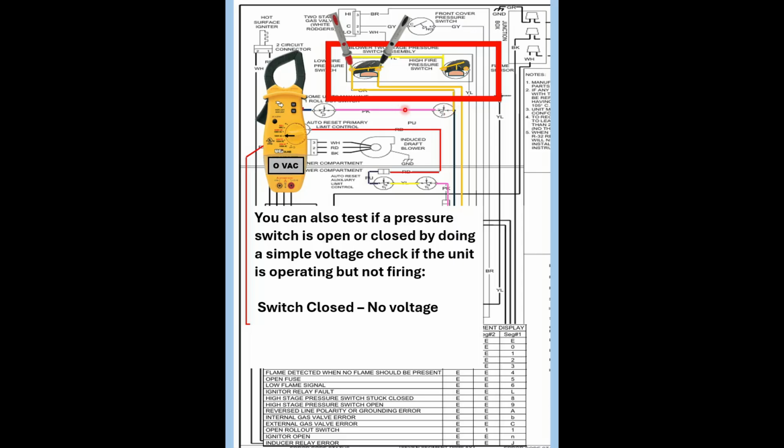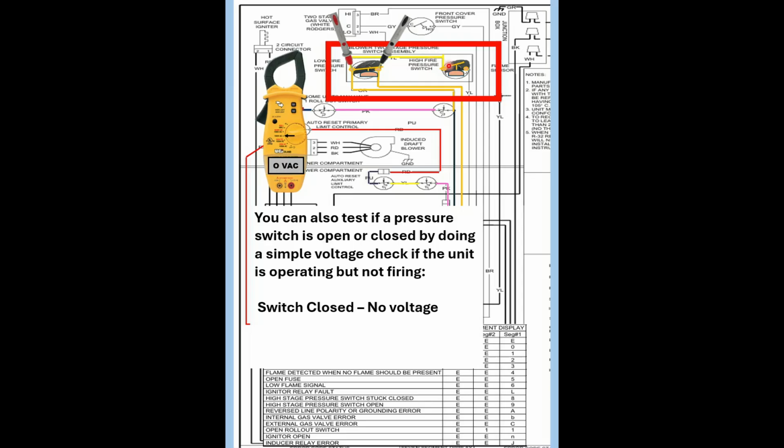Switch closed, no voltage, because remember, there's no potential difference here for the power. We're not going to go over that because I'm assuming that you know that, but it's the same leg of power, so you won't see it.